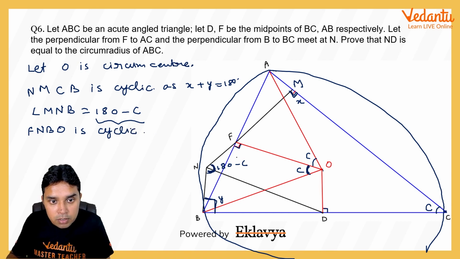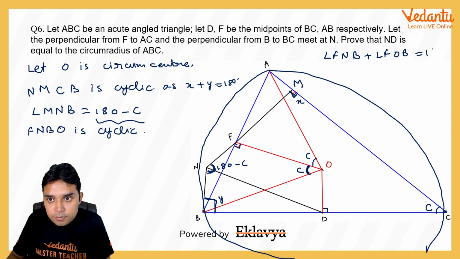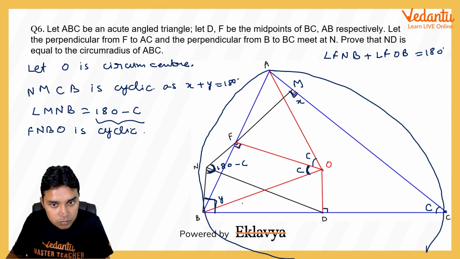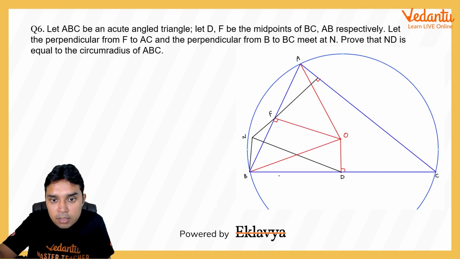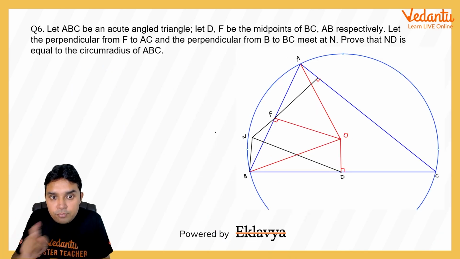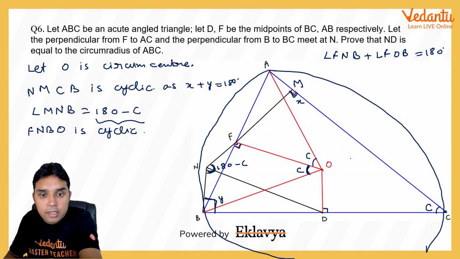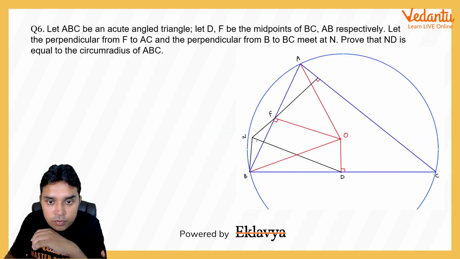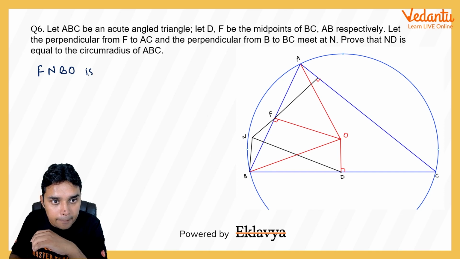Because angle FNB plus angle FOB is 180, there will be a circle passing through F, N, B, O. Let me go to another diagram, where after doing all the calculation I can write these values here. I think we proved that quadrilateral FNBO is cyclic.